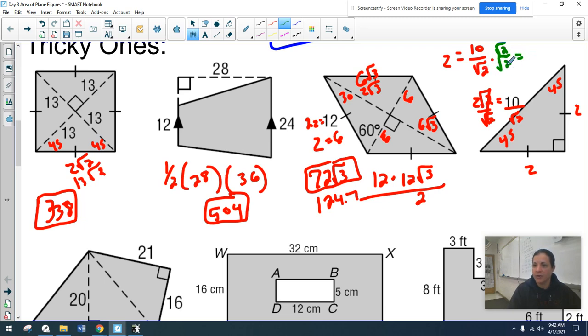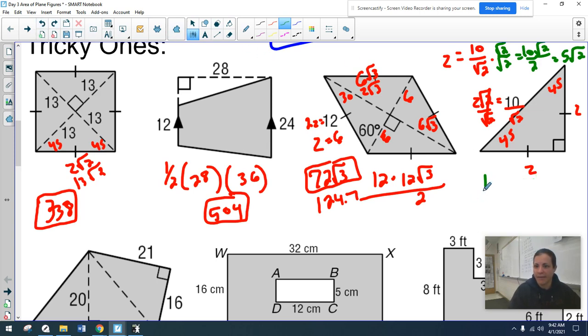So square root of 2 times square root of 2 is 2. Can't really do anything on top. If you divide that, you get 5 square root of 2. So that's what we're multiplying. So I've got 1/2 times 5 square root of 2, basically squared, because that's your height as well. I put that instead of parentheses.